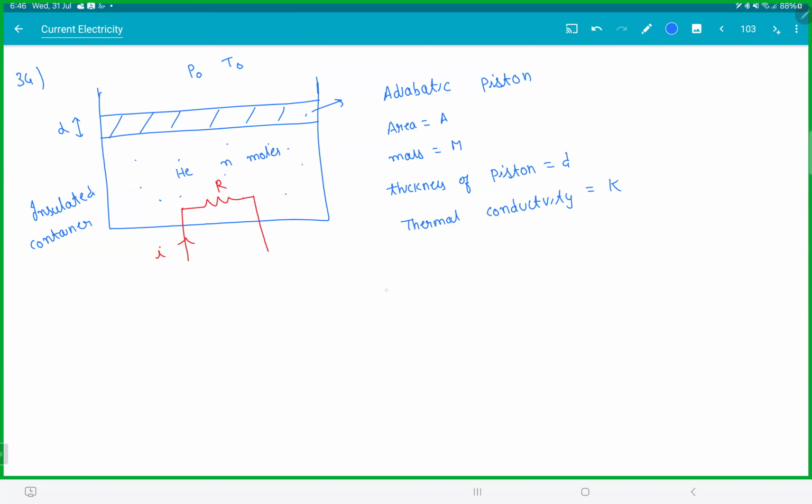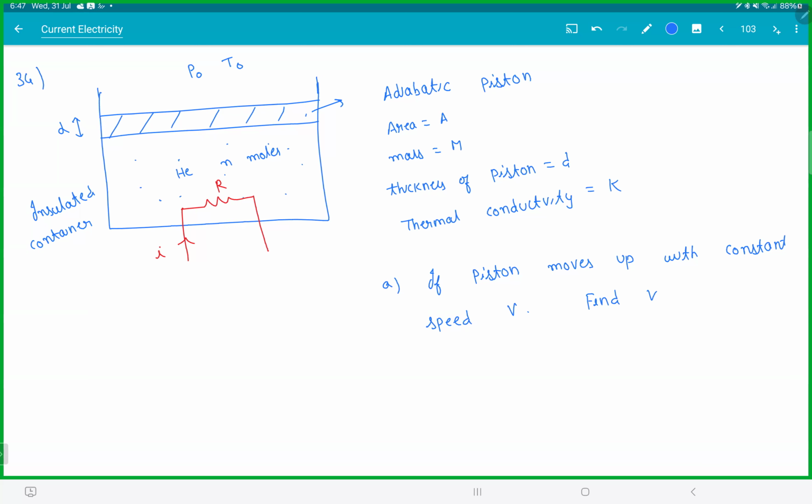Yep. So first question, if the piston moves up with constant speed V, find V. Just get me the equations.